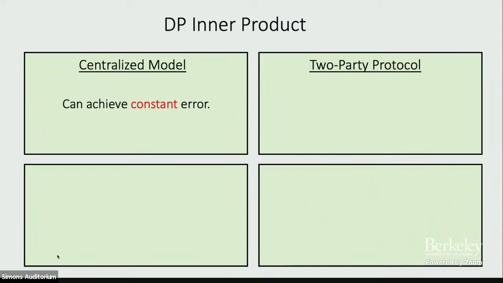In the two-party case, assuming that the vectors of Alice and Bob are chosen uniformly at random, we have a very simple protocol: just output 0. And this protocol has a noise of square root of n with very high probability. So there is a trivial protocol that achieves noise of square root of n.